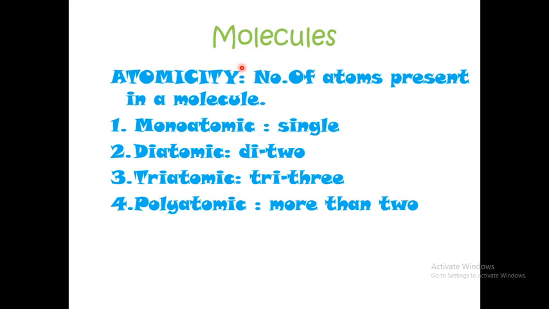So when an atom of an element combines with another atom of the same element, a molecule of the element is formed. For example, two atoms of hydrogen combine to form a molecule of hydrogen.